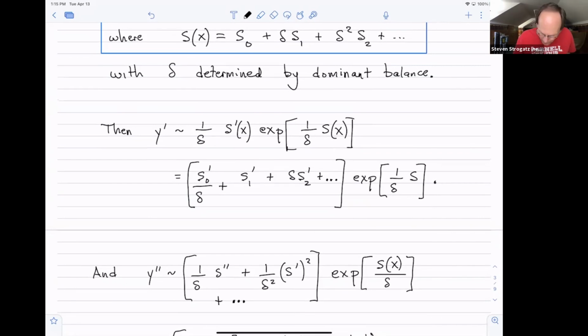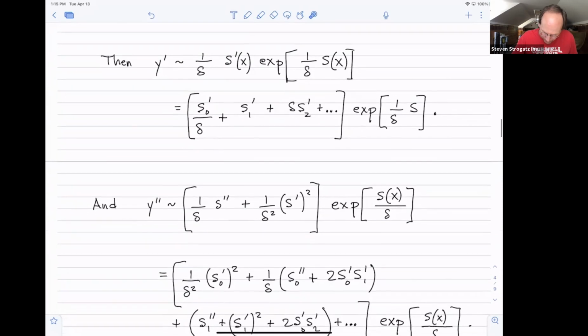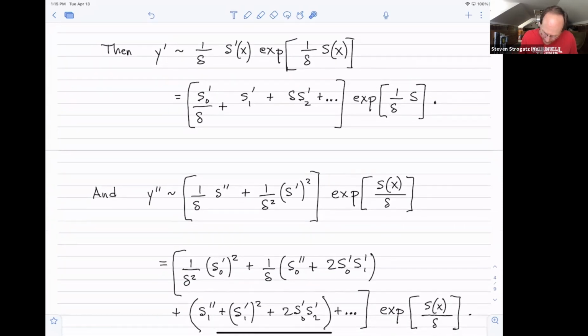I guess what I did there was exact under the assumption in the ansatz, but I take it back. The dot, dot, dot comes in when I substitute for s itself. So let's do that. If I substitute for s itself, there are the dot, dot, dots I was worried about. Anyway, you can check that these are the different orders.